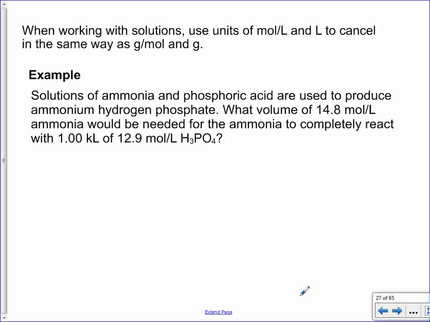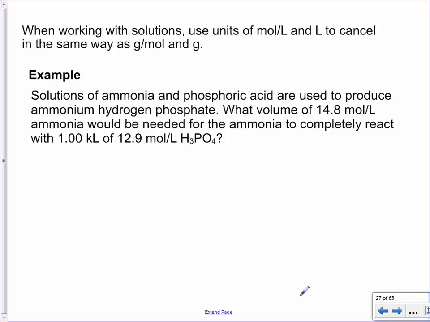And hydrogen phosphate is a negative ion, with the positive ammonium ion reacting with it over here. So you're actually going to need 2 ammonium ions for your one hydrogen phosphate ion. Yes, you have it correct.